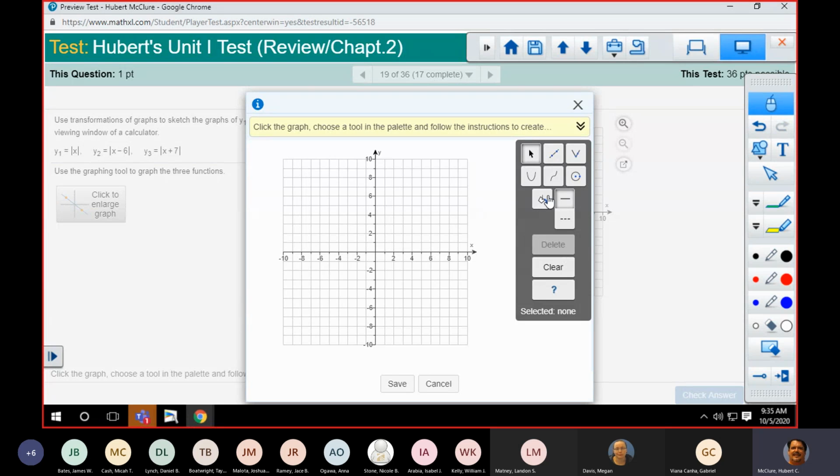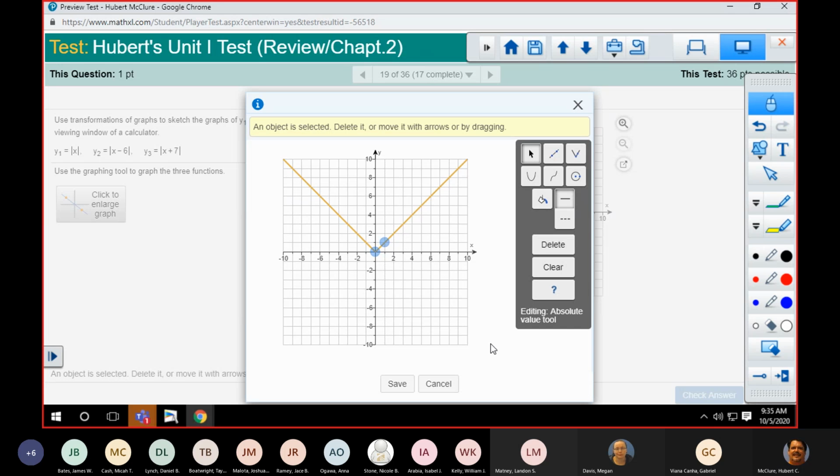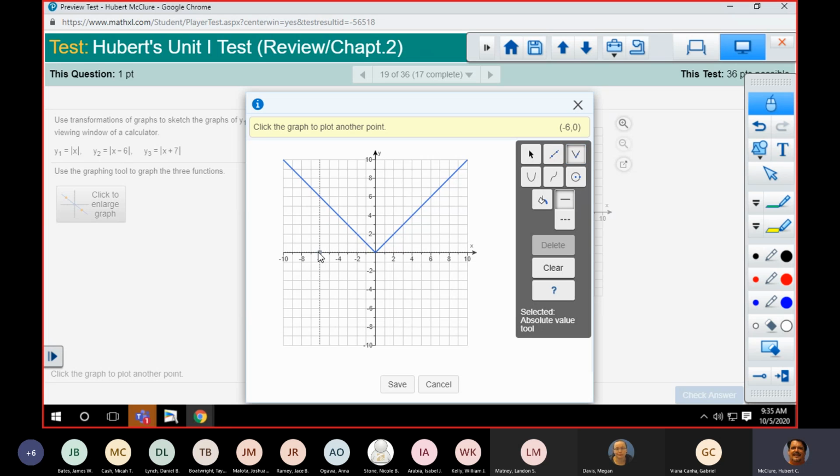All right, absolute value looks like a V. X is in the middle, and it's a 1-to-1. And then we got a horizontal shift of 6 to the left. And it's still 1-to-1.